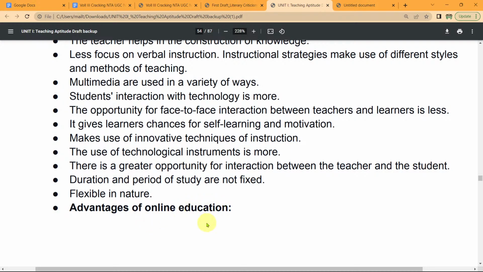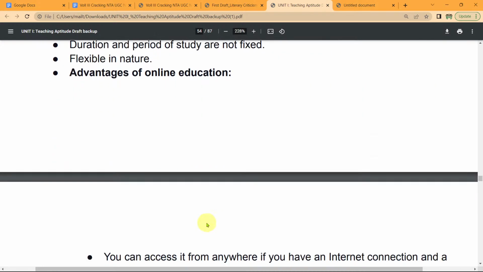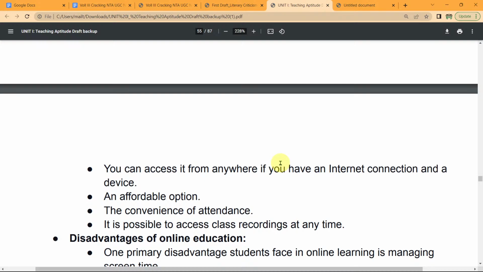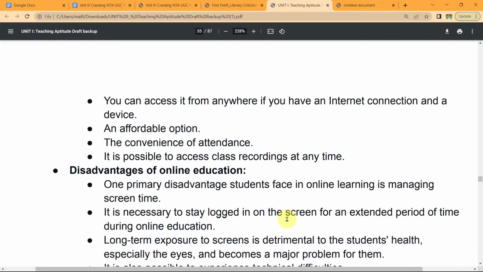The advantage of online education is that you can access it from anywhere. Even right now, Priya is from a different place, Anjali is from a different place, Lakshmi and Devi and all the people are from different places, but they are learning together online. They only needed an internet connection and a channel like YouTube.